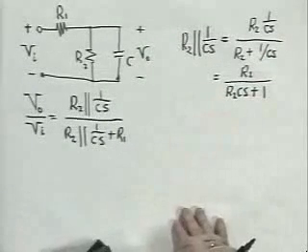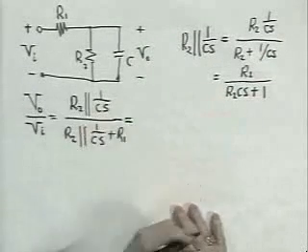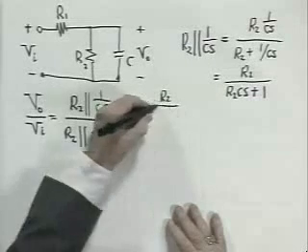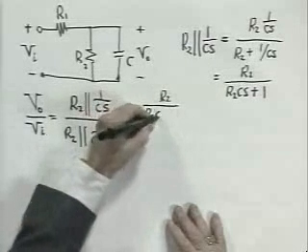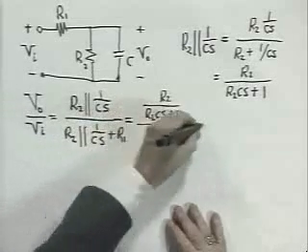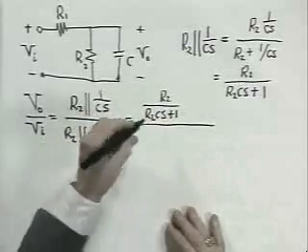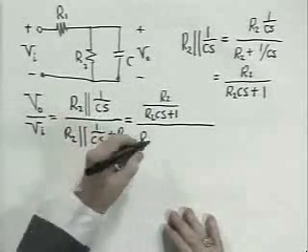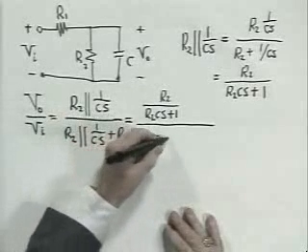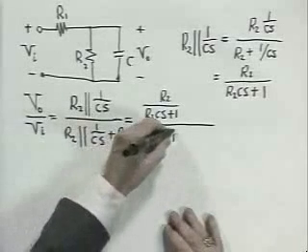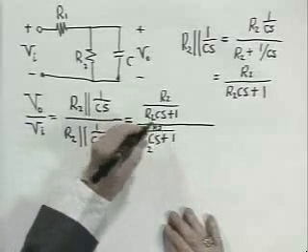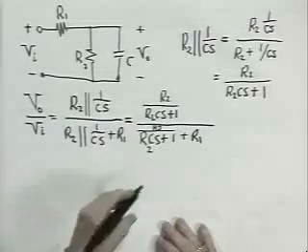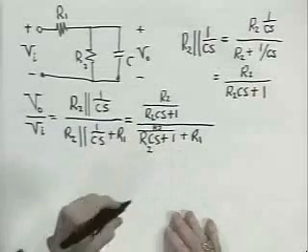So if I substitute for the parallel combination in numerator and denominator, I get R2 over R2 CS plus 1, all divided by R2 over R2 CS plus 1 as the first term of the denominator, plus R1. I apologize for this. I hate to do algebra in public, but there you are.